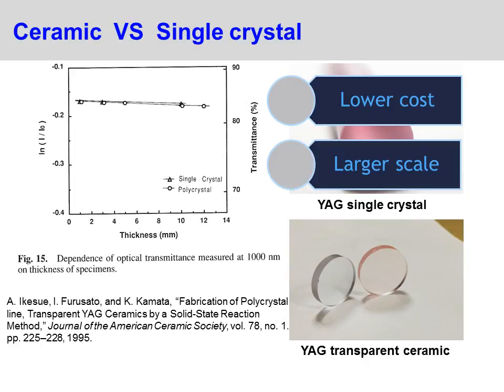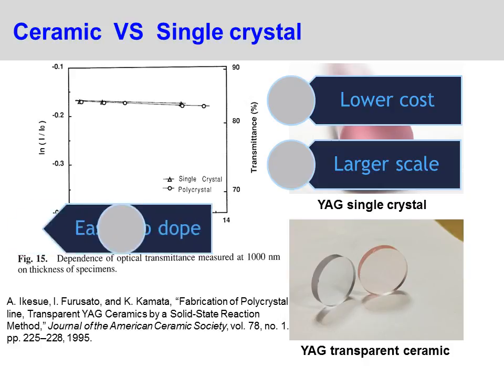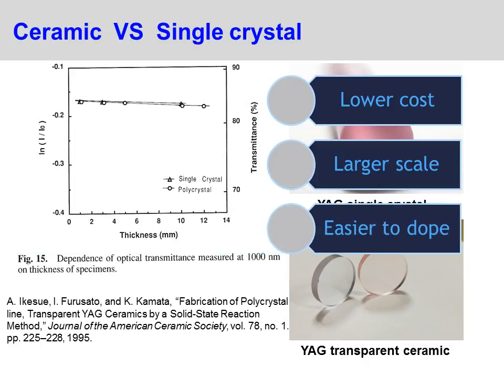It's not so easy to control the shape of single crystal. Then another advantage is that transparent ceramics are easy to dope ions, and also very easy to control the concentration of the dopants.